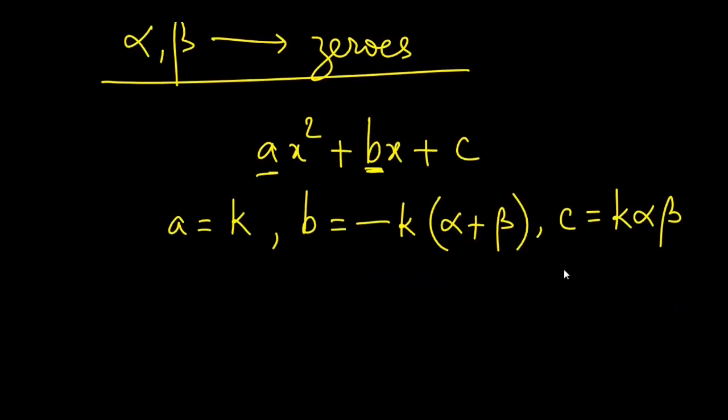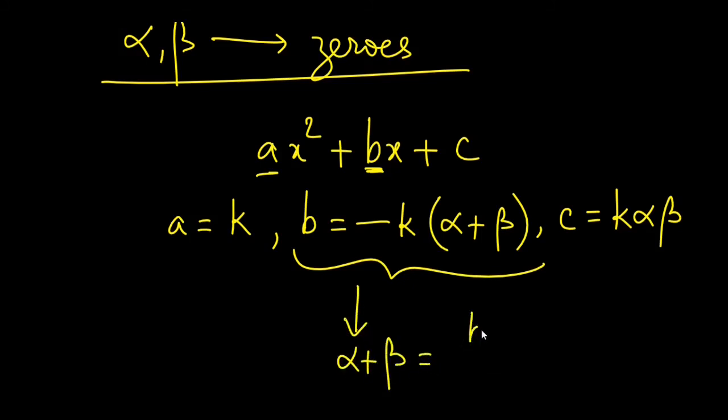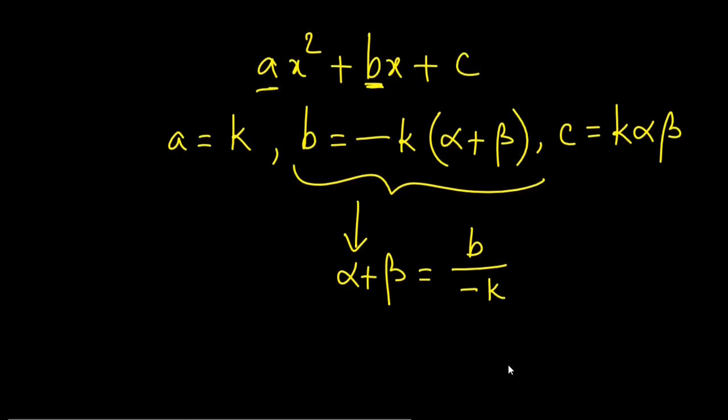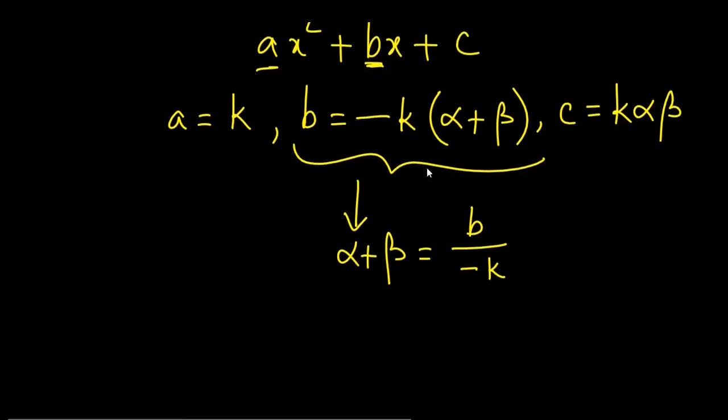Then from this, let us take alpha plus beta. What is alpha plus beta? So here alpha plus beta is equal to b by minus k.